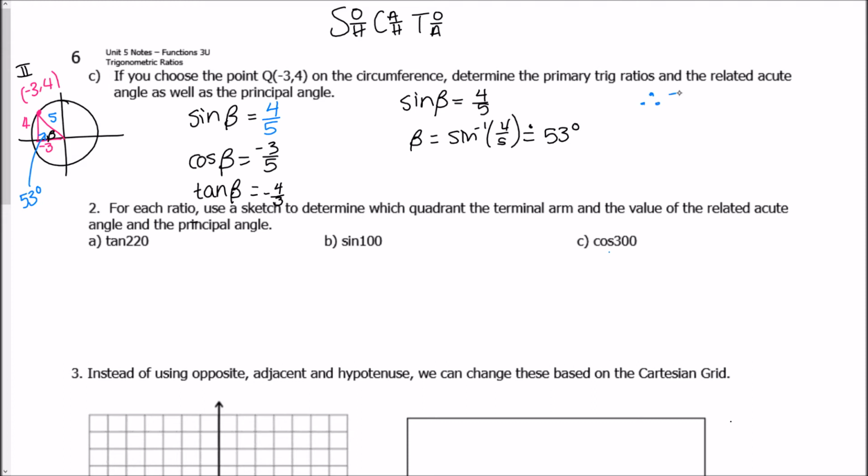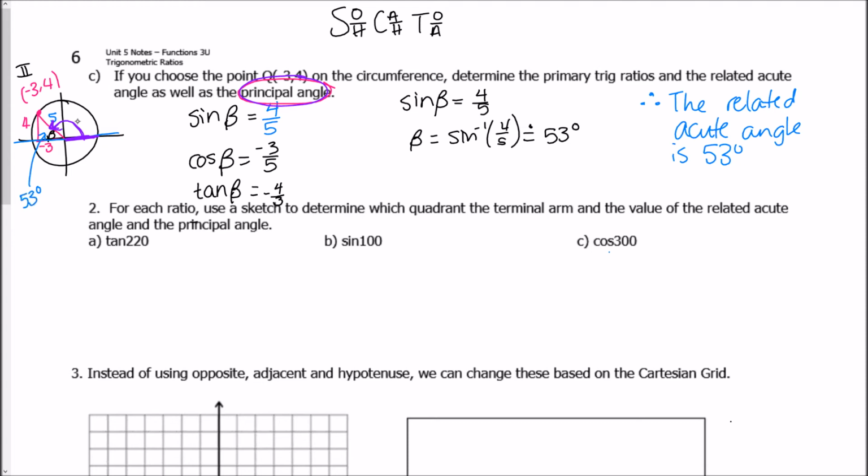So therefore, the related acute angle is 53 degrees. But the principal angle is 53 degrees away from 180, because remember our principal angle is going to be from the positive x-axis, from our initial arm, all the way to our terminal arm.